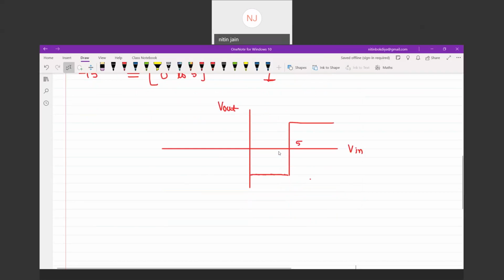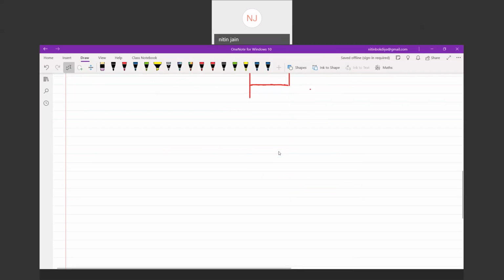What is next? The next criterion is when D2 is on. When Vi is less than 0, D2 is on, and our circuit will look like this.